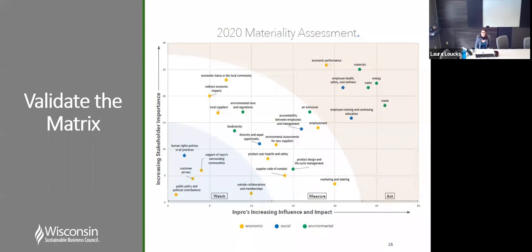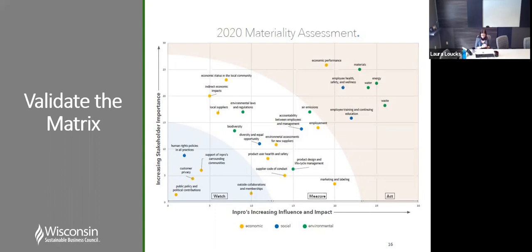The measure category are things that we're going to be looking at and measuring, mostly in accordance with our ISO certification and other things that we already do, but they aren't necessarily going to be incorporated into goals. And then the watch category are things that didn't really fall into our actions, but we will keep watch on them for coming years.